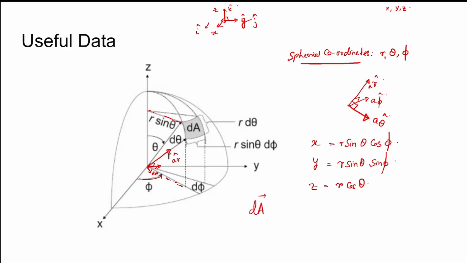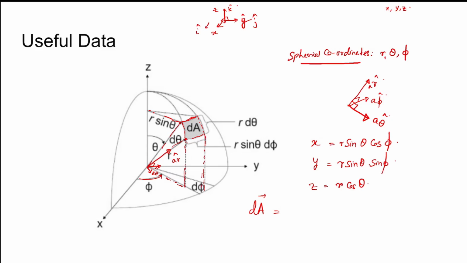And the most important thing is the elemental area you need to calculate. If this is r, and you change your angle by d theta, and here you change your angle by d phi, then this makes an elemental surface on the spherical surface. With d theta you have these arms, and with d phi you have these arms.